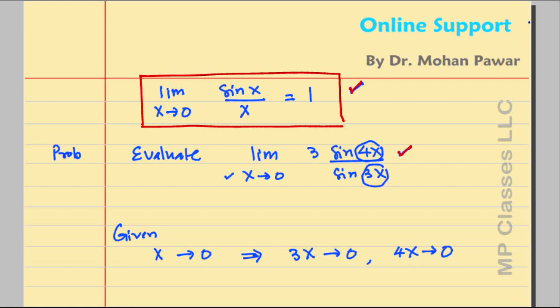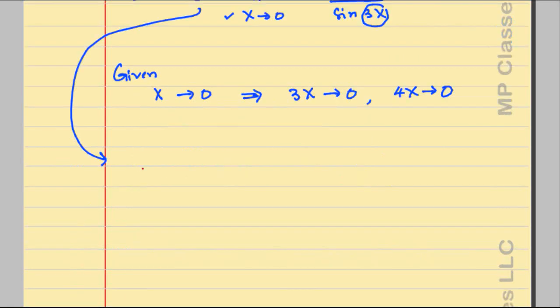So we can convert this limit by saying limit 3x tends to 0, 4x also tends to 0. You can write here whatever quantities that tend to 0 related to this limit, as long as this basic assumption is not neglected.